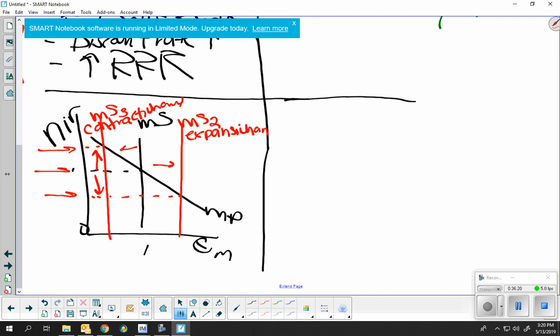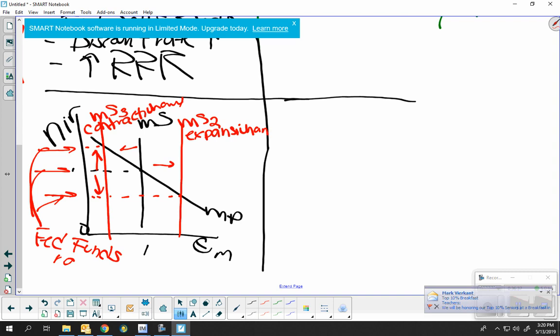So the Federal Reserve cannot directly change the federal funds rate, but they can directly change money supply, which then indirectly changes the federal funds rate. And that is the interest rate that banks charge each other.